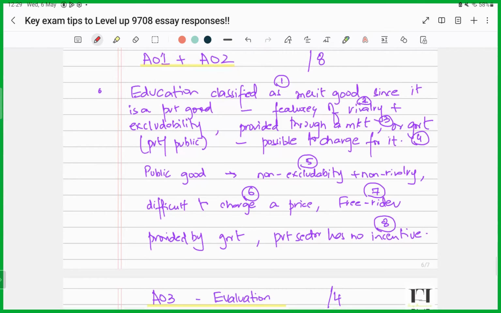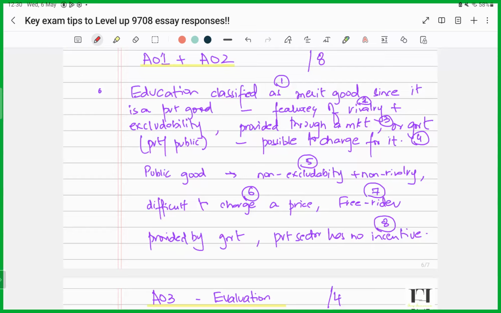A public good is a good that has got features of non-excludability and non-rivalry. It makes it difficult to be charged for. It also has a problem of free riders, right? So you can't stop people from using it. There will always be people who would not pay for it and consume it.